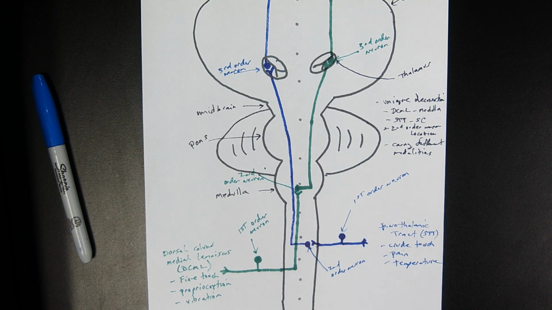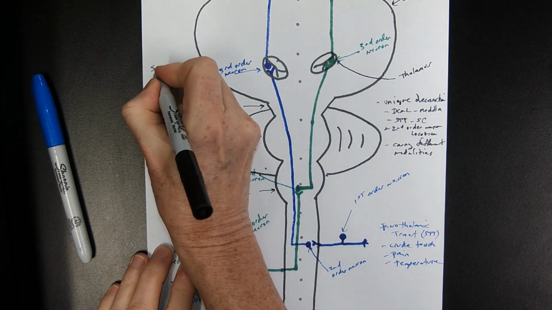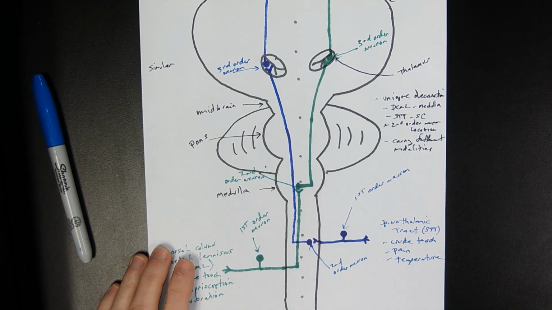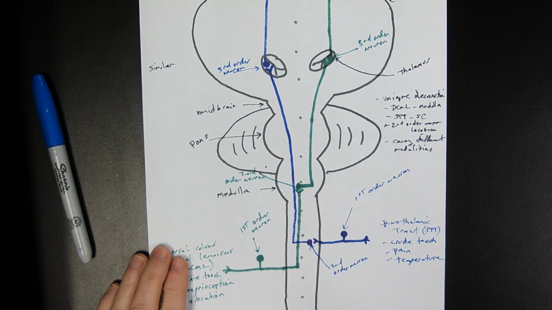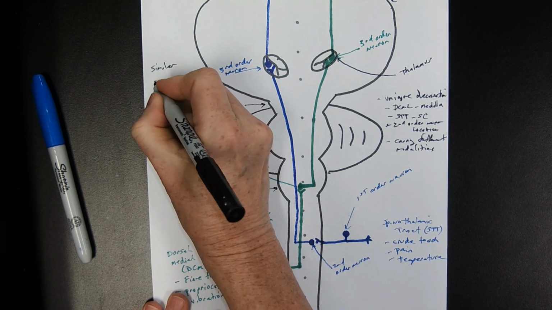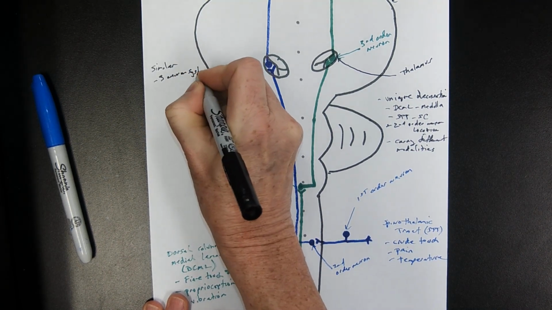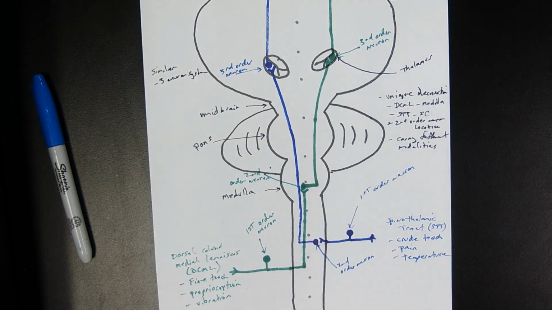Okay, how are they similar? Any thoughts? How are they the same? Yeah, three neuron system. Good. Any other way that they're similar?